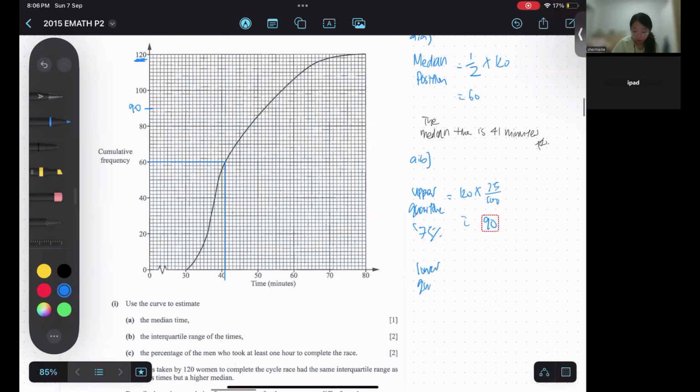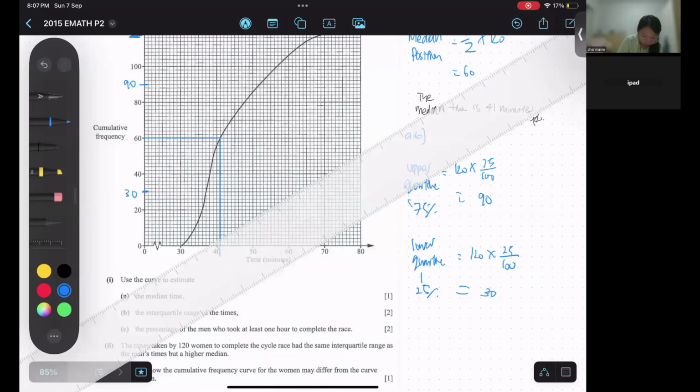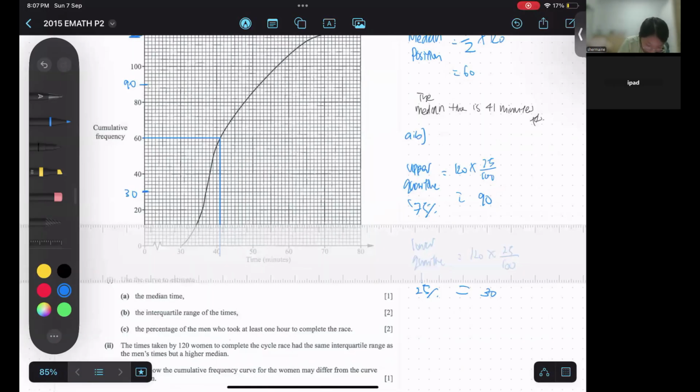Lower quartile is your bottom 25%. So 120 times 25 over 100, we have 30. So your bottom 1, 2, 3, 4, 5, 30 here. Okay, using your ruler, the 30 would be here.